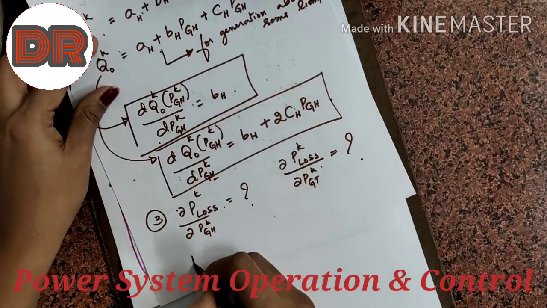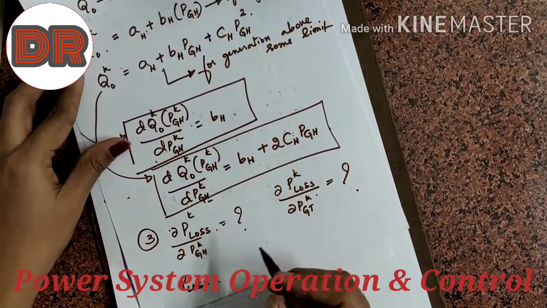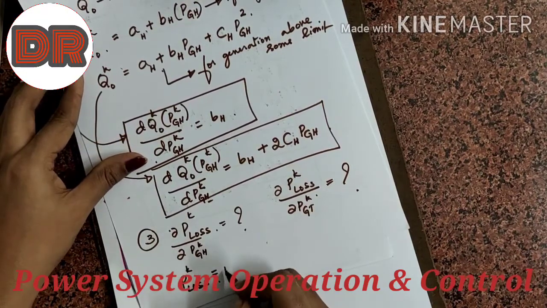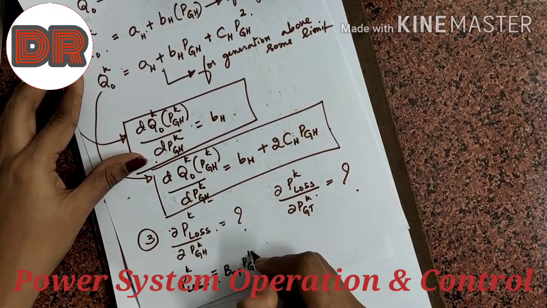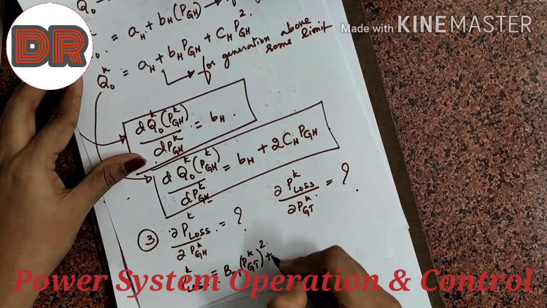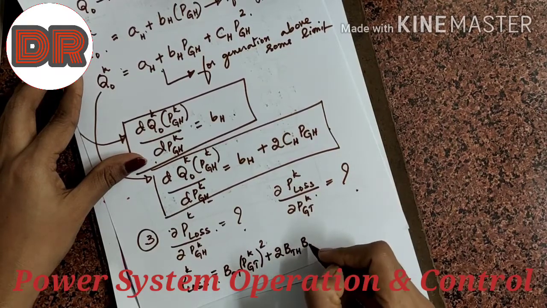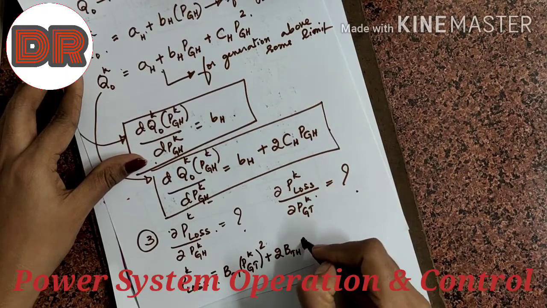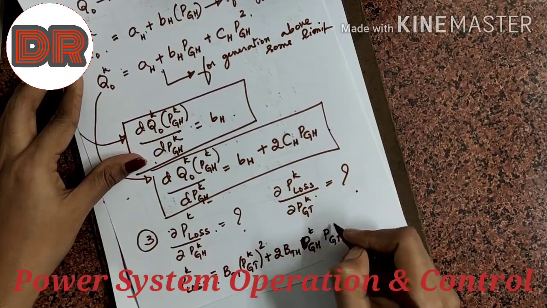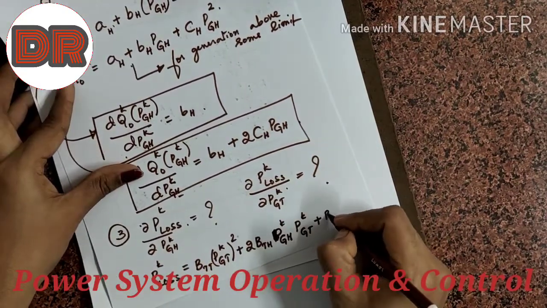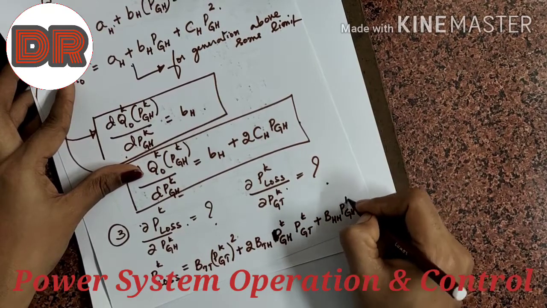So how to write a loss equation? We can write the loss equation in terms of loss coefficients. This is BTT PGT square plus 2BTH PGH PGT for the kth interval, plus BHH PGH K square.